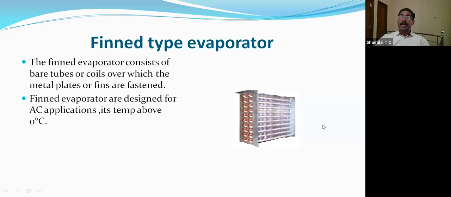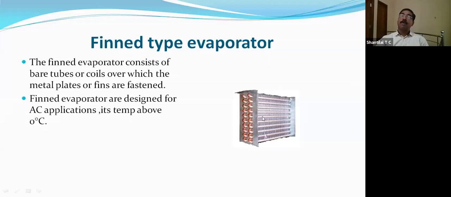After expansion, the liquid refrigerant enters the inlet and flows through these tube coils. At this time, the fan forces the air over the coil. The fan takes warm air from the room space and passes it over this coil.